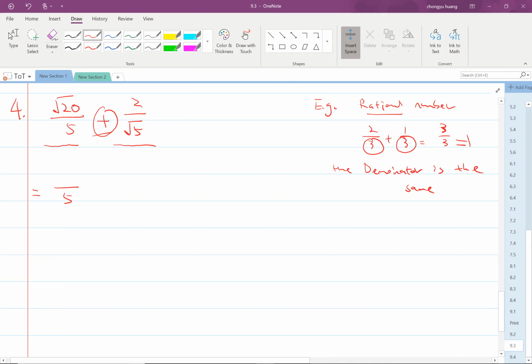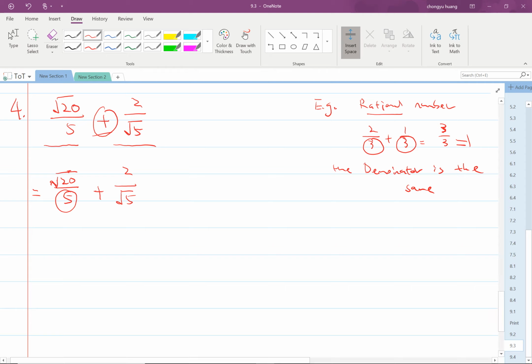Over here you can see the first number is square root of 20 over 5, so we have a denominator equal to 5, right? And the second number we have is 2 over square root of 5.